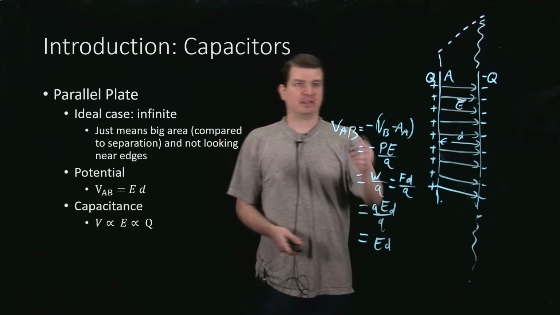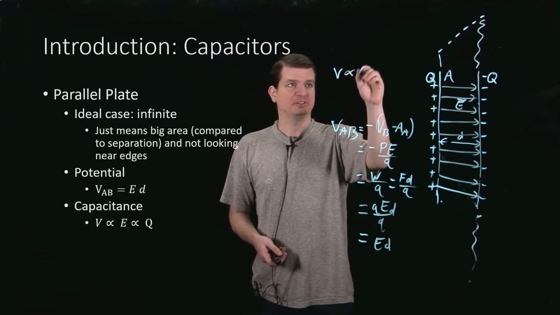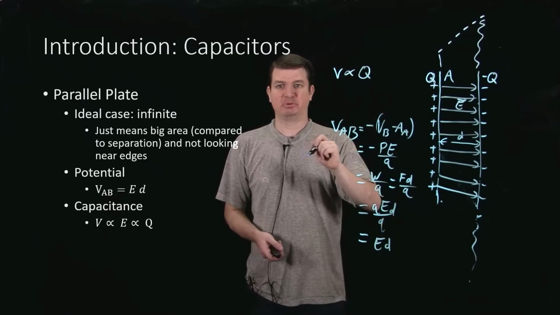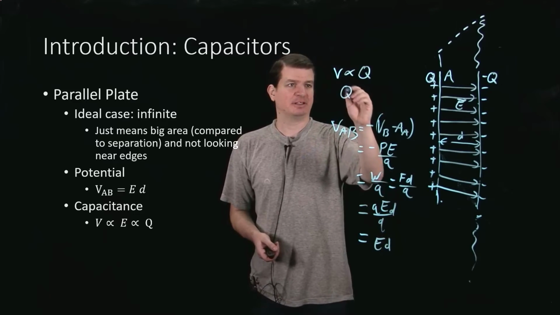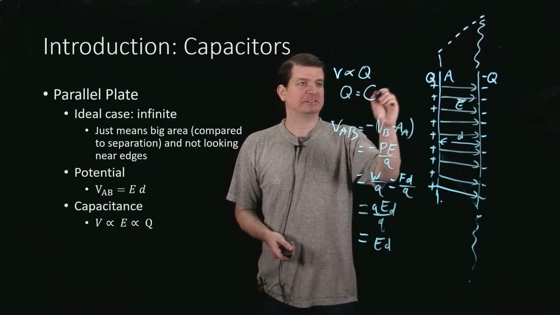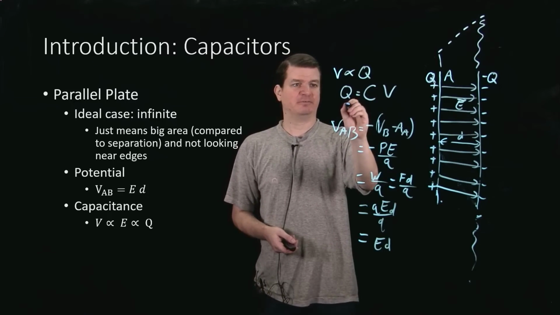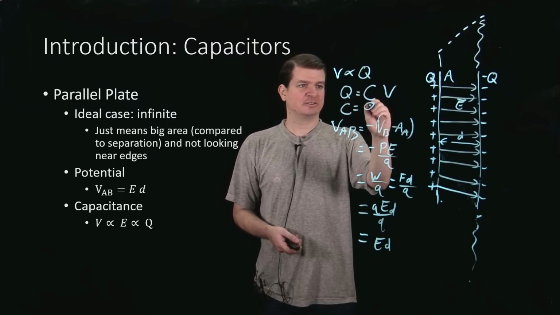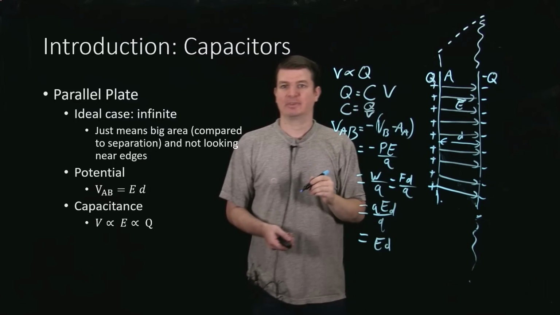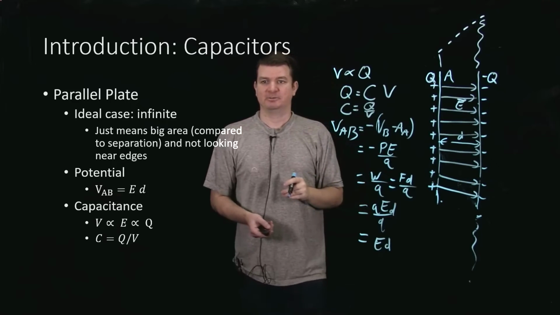So if we just write this thing that V is proportional to charge, two things being proportional just means that we can write something like maybe that Q is some constant C times V, or dividing through by the V, we can solve that C is just Q divided by V. And that is exactly what we do.